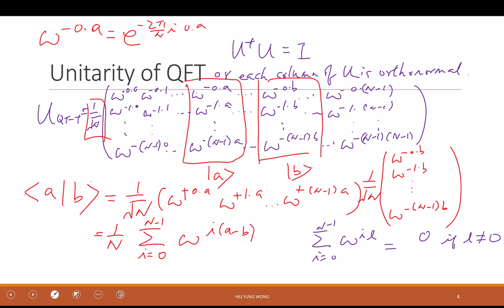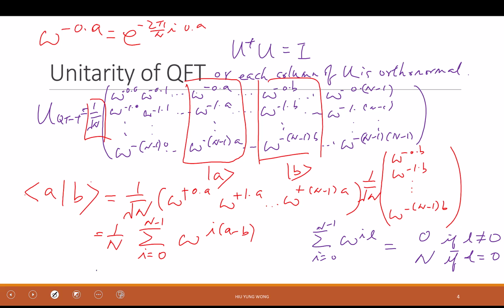Remember this? But what if L is equal to 0? Just look at this. What is it when L equals 0 and you add them together? It's n, you have n ones.